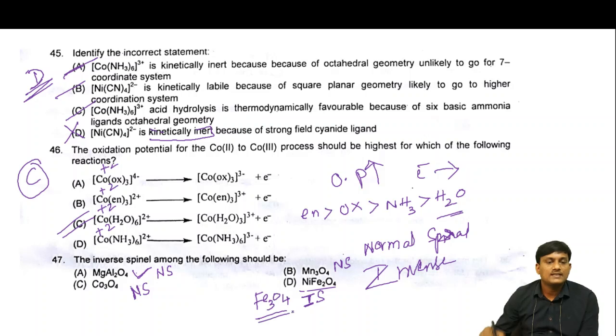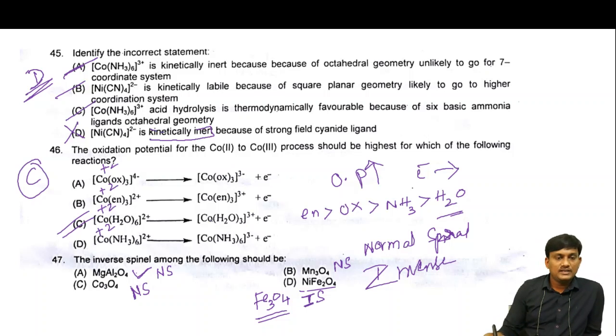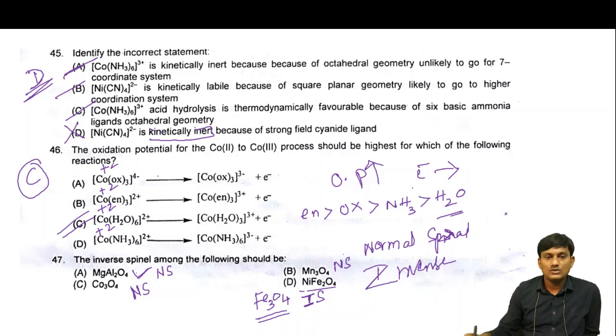Fe3O4 also has inverse spinel. So which one is the correct option? D has the inverse spinel structure. So D is the correct option.